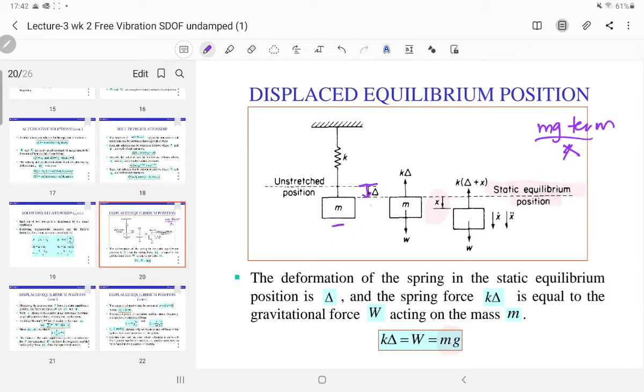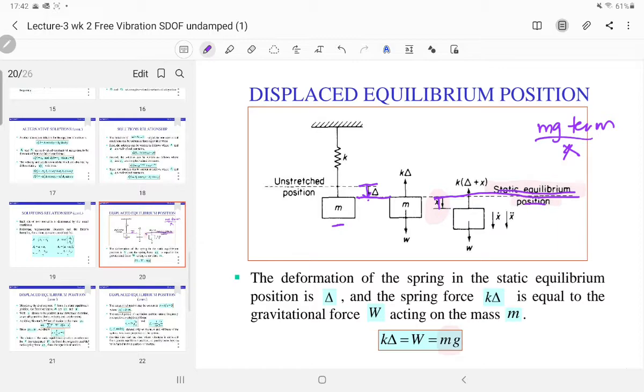So this is what we call this small delta, and this point here is what we call the static equilibrium position. All our x throughout these courses is actually measured from this static equilibrium position.